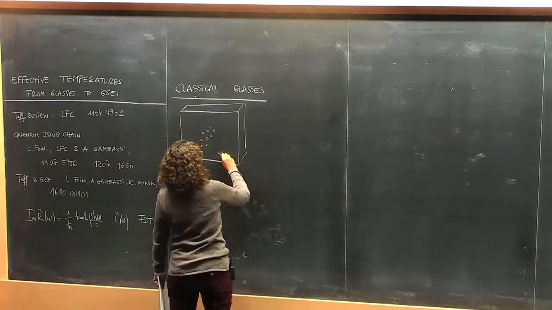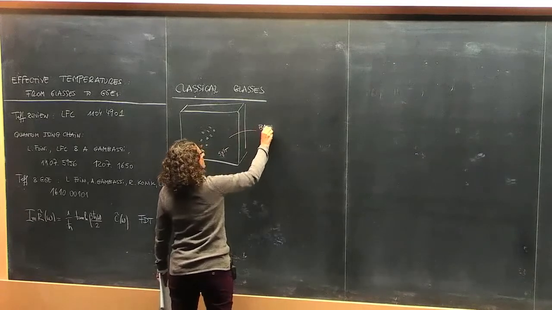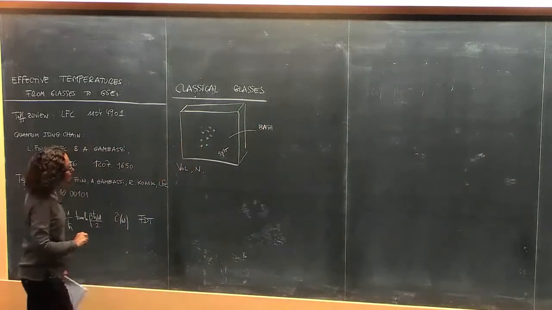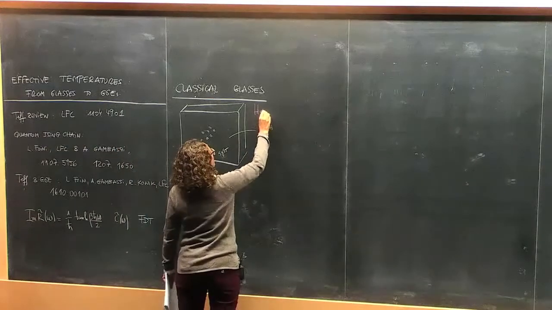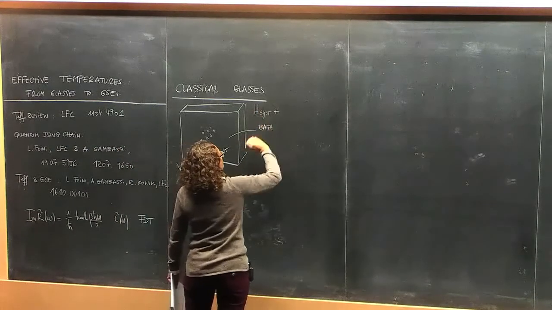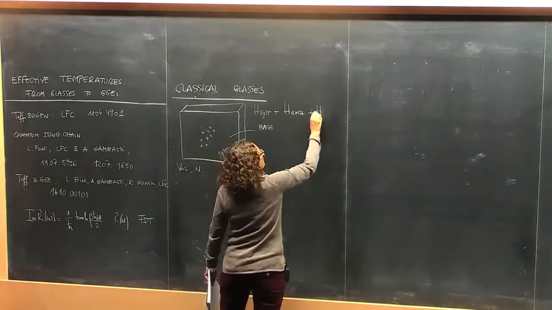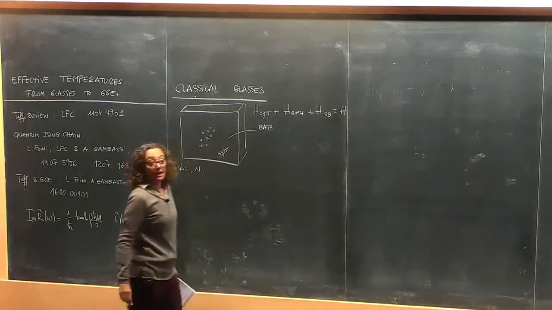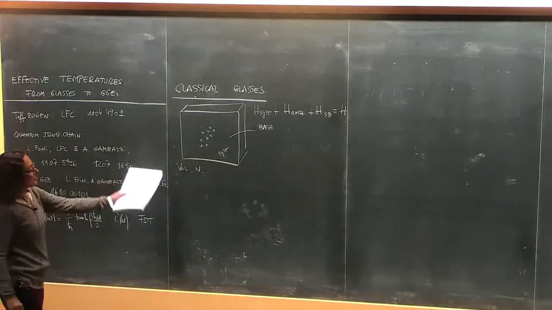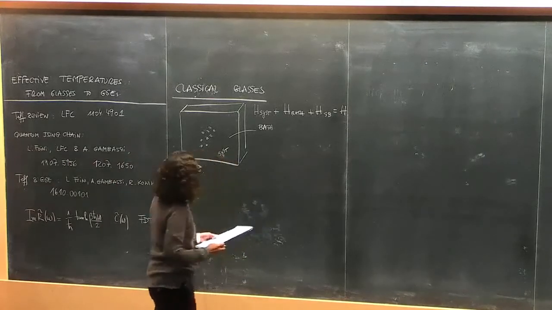So if this is the system I will be interested in, I will couple it to a bath. If I want to describe this problem with a Hamiltonian, I will have the part that corresponds to the system, the part that corresponds to the bath, and the part that corresponds to the system-bath coupling. And I'm using the same language that was used yesterday or the day before in a talk here.